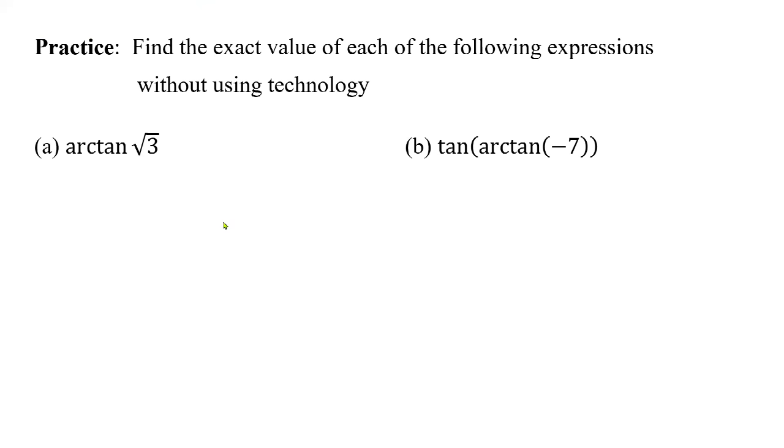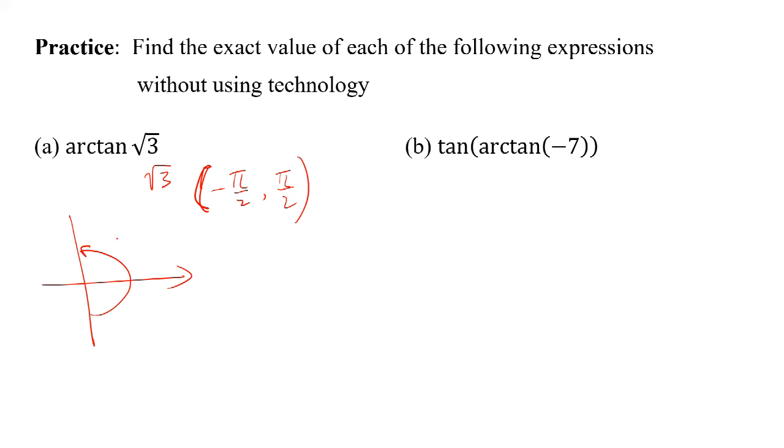All right, let's have a look at the solutions. First of all, arctangent. This is an angle, and the tangent value of this angle is square root of 3. And we know that this angle must lie within minus half pi to positive half pi. So in this interval, which angle has a tangent theta as square root of 3?